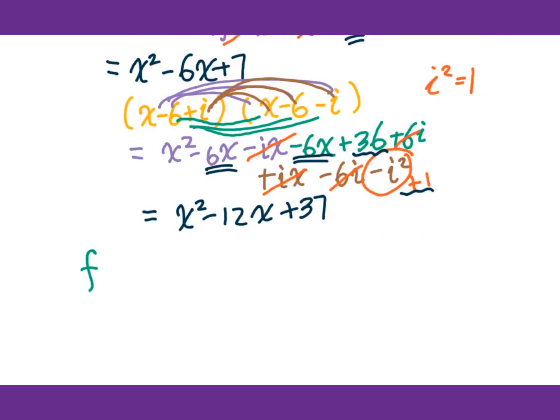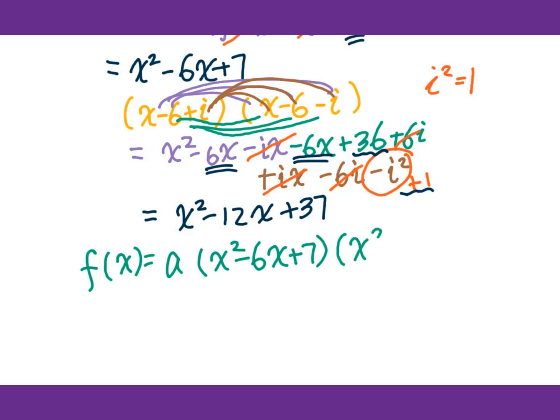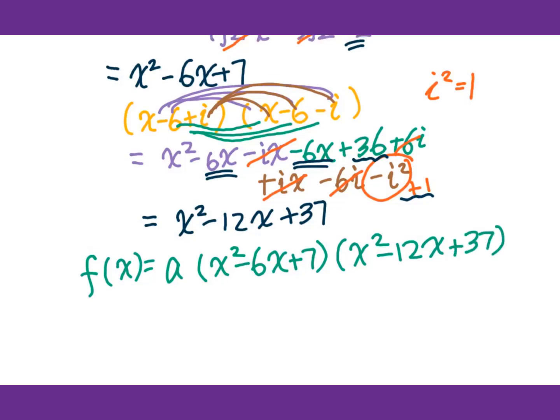Therefore, I can write down f of x equals a times x squared minus 6x plus 7 times x squared minus 12x plus 37. According to the given information, when x approaches negative infinity, y approaches negative infinity.